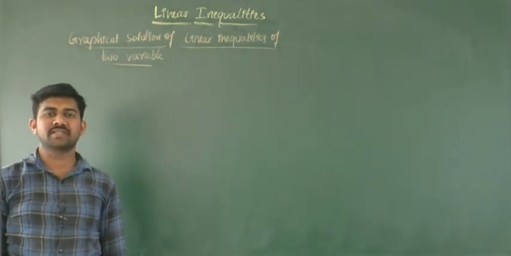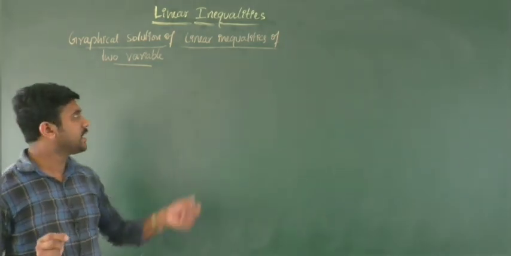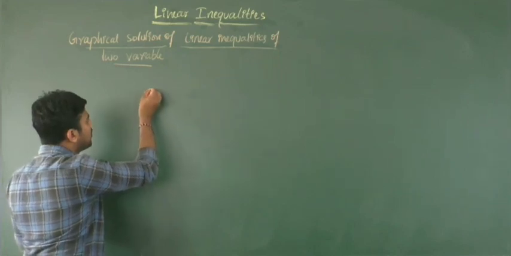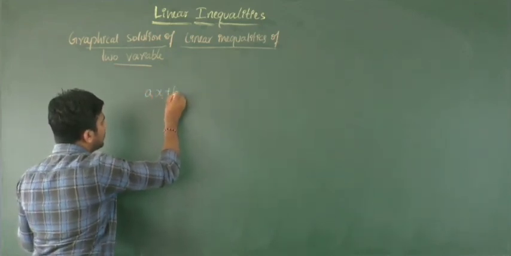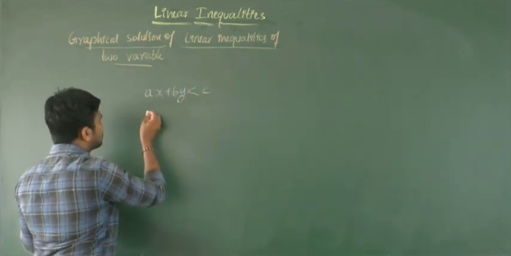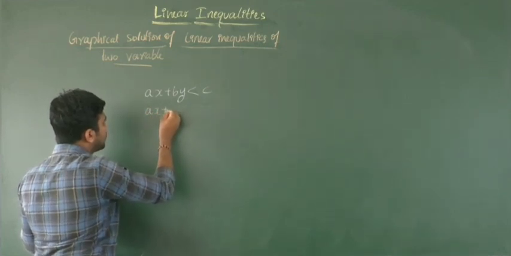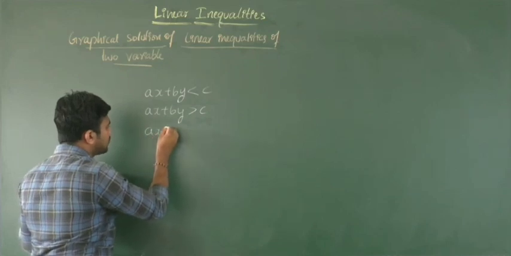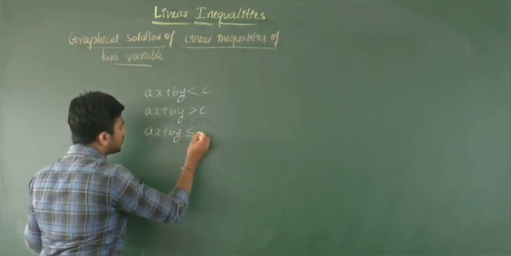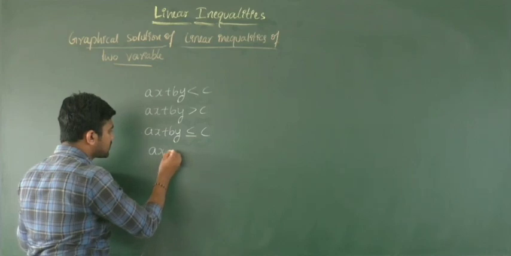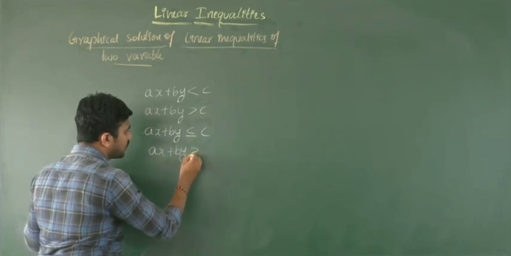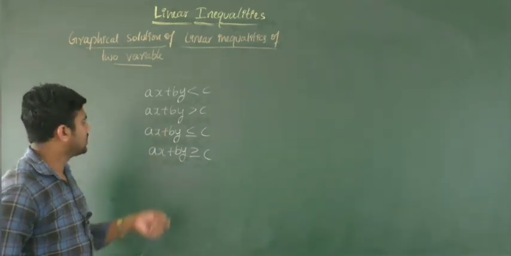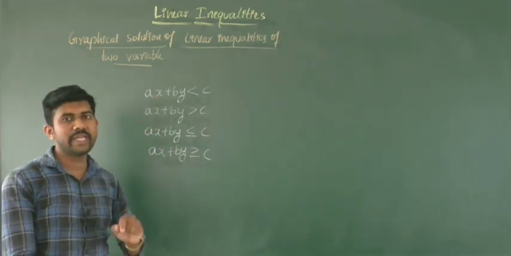for 5 marks. The linear inequalities of two variables, we can write in general form: ax plus by less than c, ax plus by greater than c, ax plus by less than or equal to c, ax plus by greater than or equal to c, where a, b, c are real numbers or any constants, and x and y are the variables.